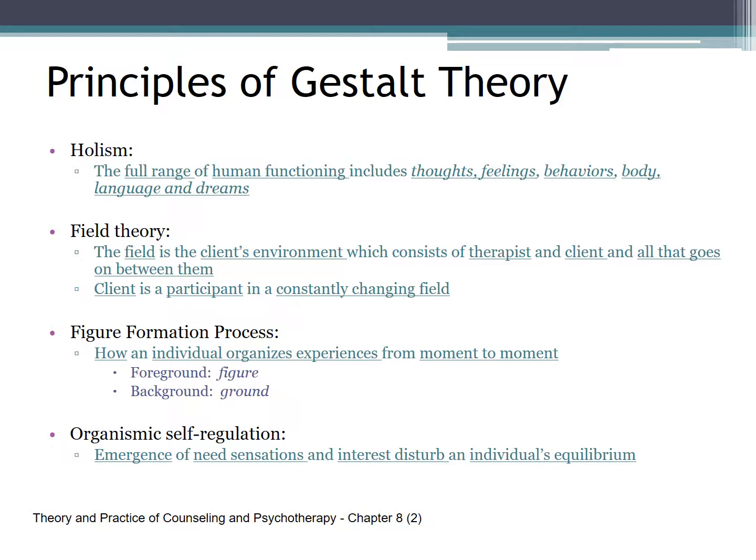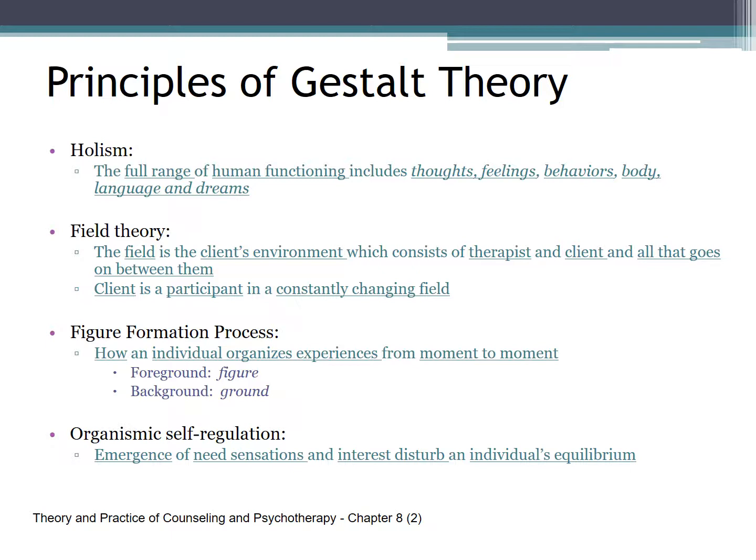Organismic self-regulation: the emergence of need sensations and interests disturbs an individual's equilibrium. In healthy organismic self-regulation, one is aware of shifting need states. Those needs as they shift, they're aware of them. What I want that is more important becomes the figure of one's awareness.